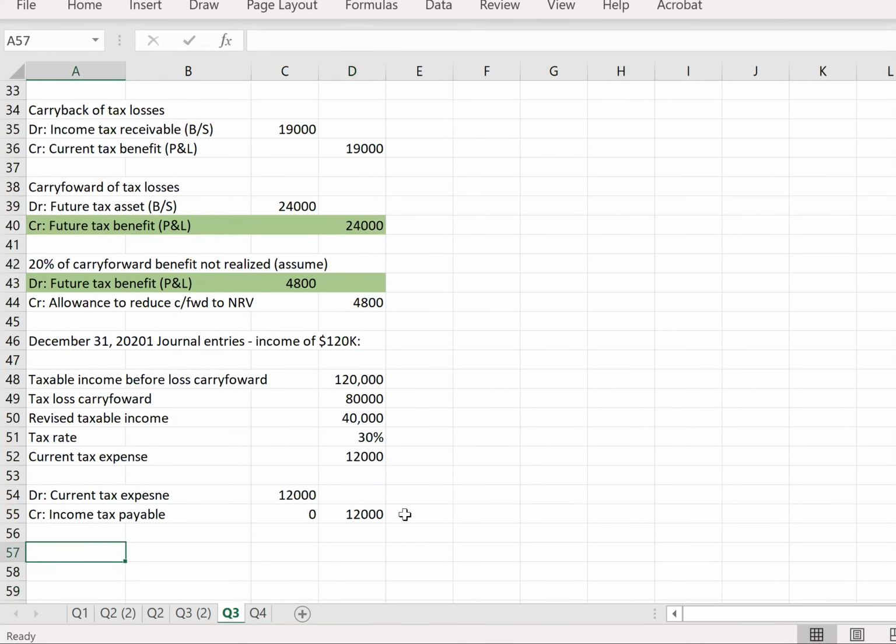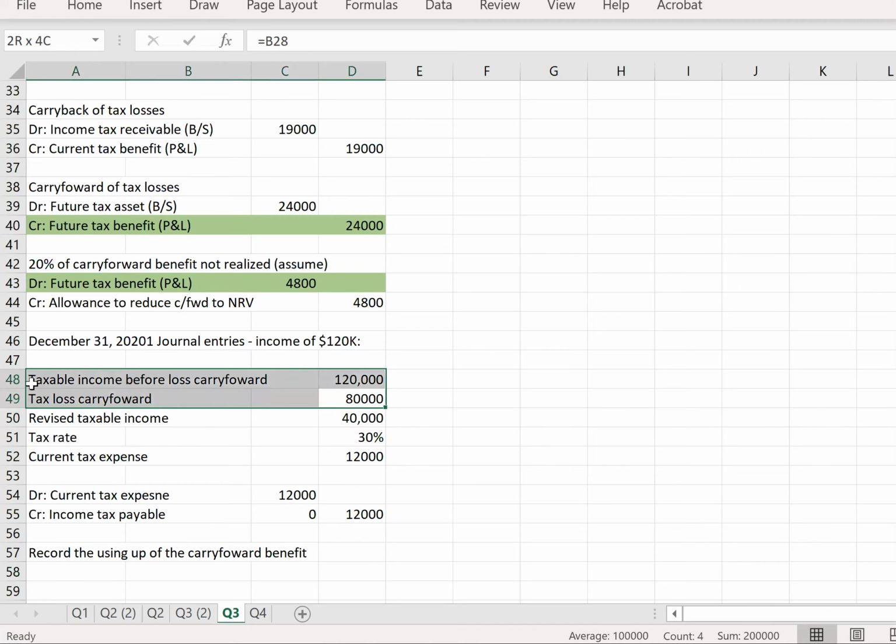The next entry that we need to do is to record the using up of the carry forward benefit. Because we applied the entire carry forward benefit right here in our calculation, we took advantage of everything we had to carry forward.